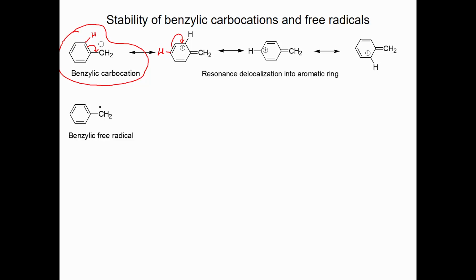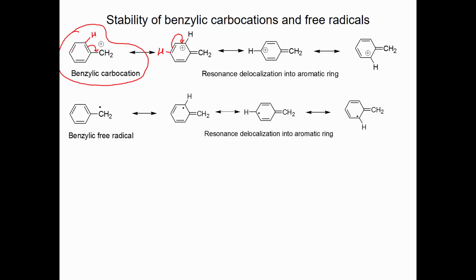All right, we can write a similar set of resonance structures with the free radical. Okay, so here we can delocalize the spin over to the ortho position. So we'll do half arrows here.